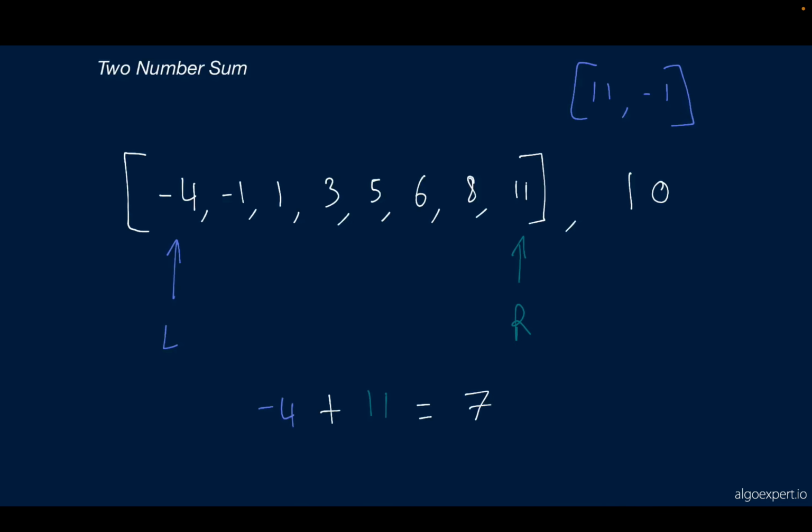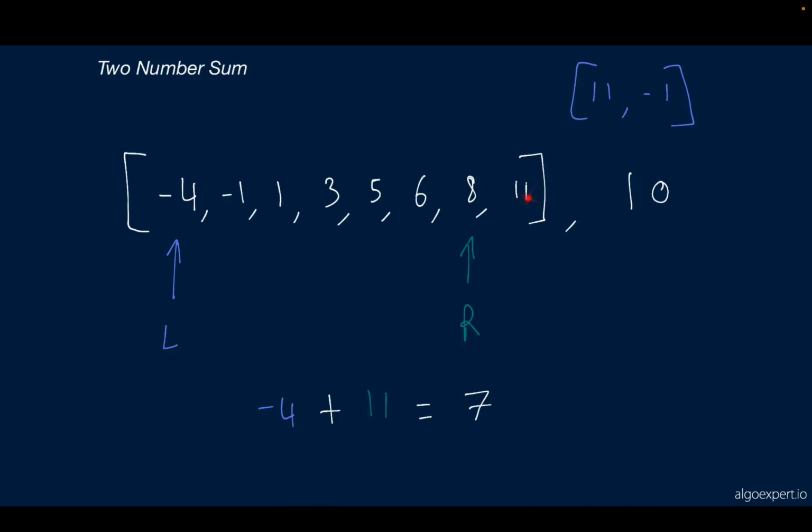But what we know now is that 7 is less than 10, right? And if 7 is less than 10, and all of our numbers here are in sorted order, then what would happen if we were to move the right pointer? Well, if we were to move the right pointer to the left, to this 8, we know that this 8 is less than 11 because the array is sorted.